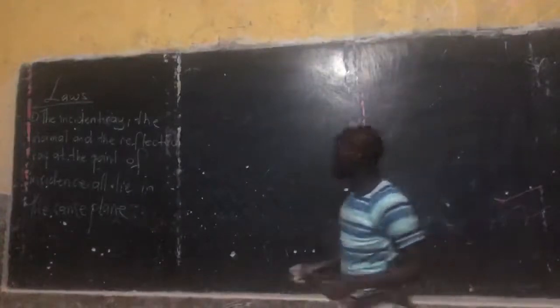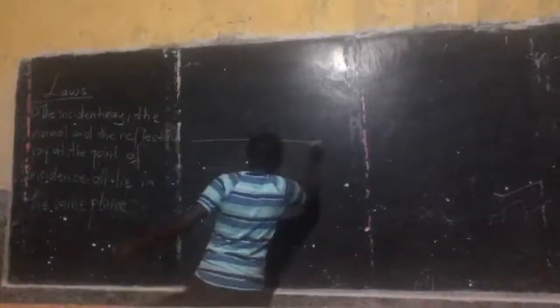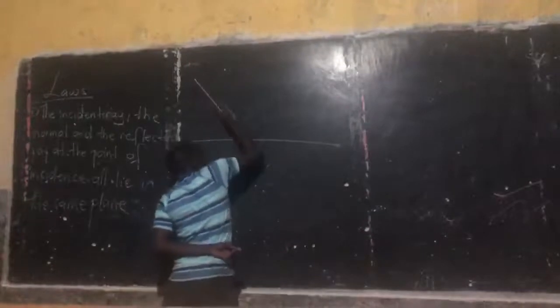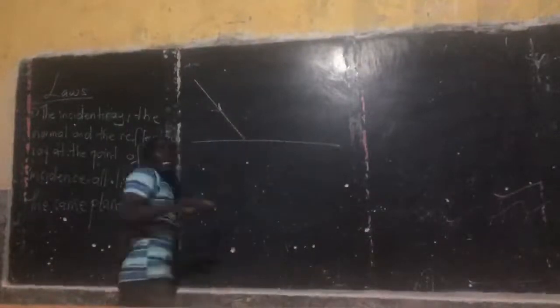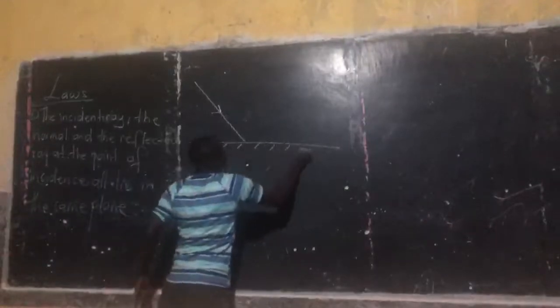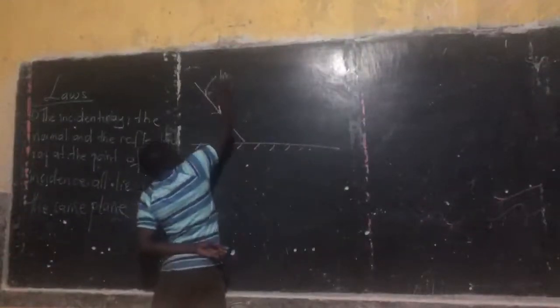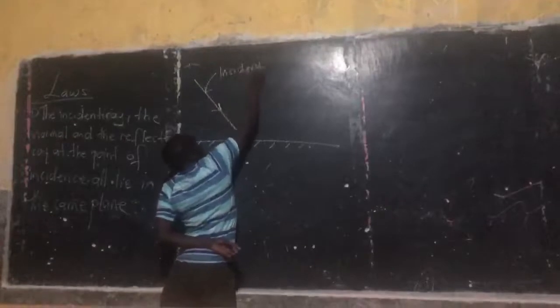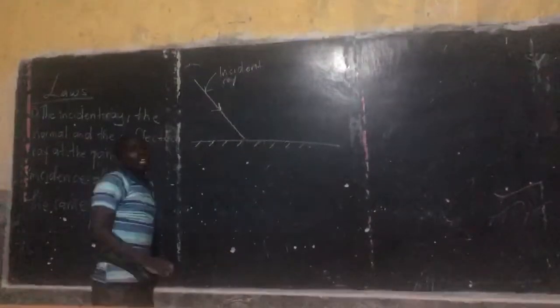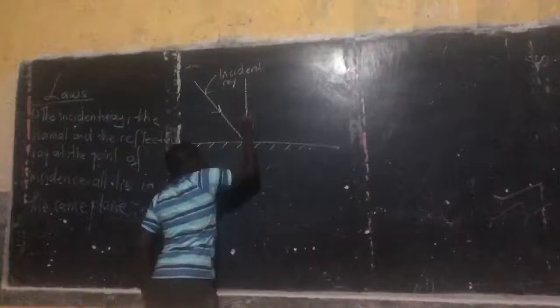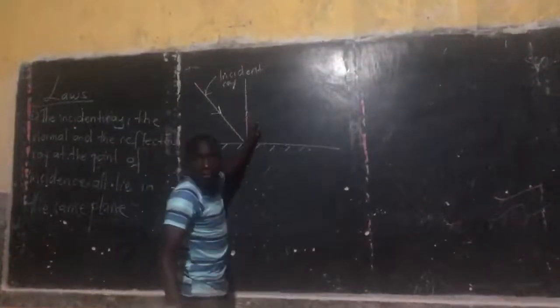If this is the reflecting surface, we have a ray which comes and hits the reflecting surface. That is the incident ray. Then we have a line, which is not a ray.